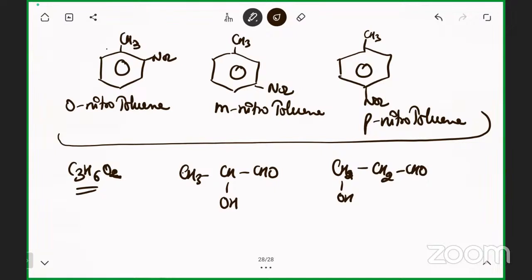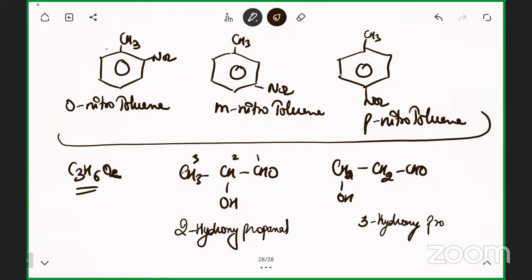Propan-2-ol. We don't have an aldehyde group. Propanoic acid, three carbons present.